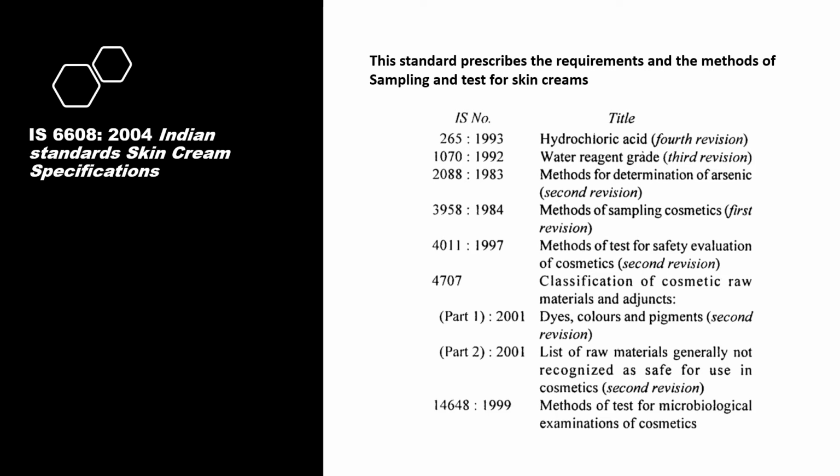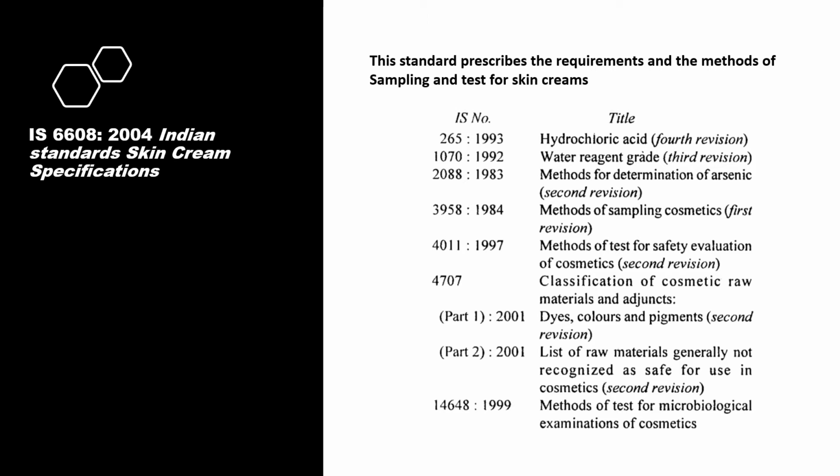This slide represents the revision history of the different guidelines. I want to specifically mention Indian Standard 4707, which contains the classification of cosmetics, raw material and adjuncts. It is divided into two parts, part 1 and part 2, applicable to all cosmetics.